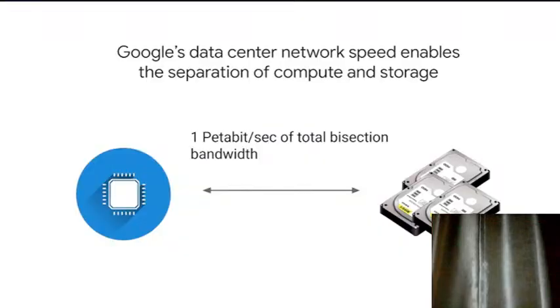Second, the petabit bisectional bandwidth. One of the themes we will discuss in this course is a separation of compute and storage. You no longer need to do everything on a single machine or even a single cluster of machines with their own dedicated storage. Why? Well, if you have a fast enough network, you can perform computations on data located elsewhere, like many distributed servers.